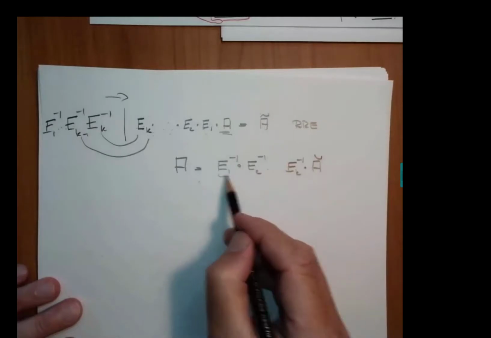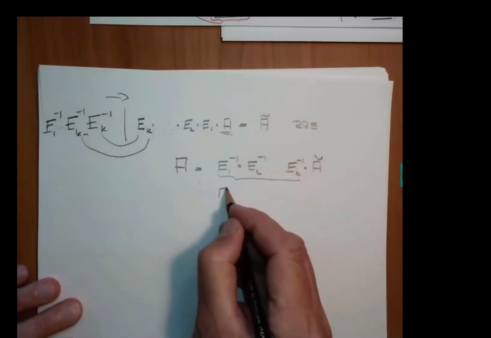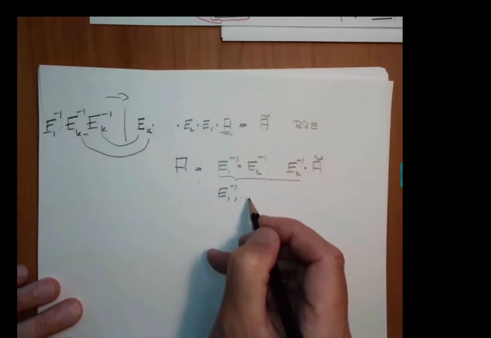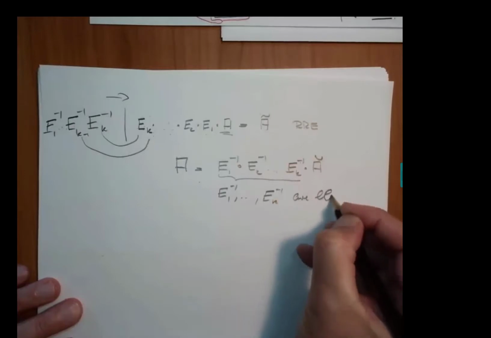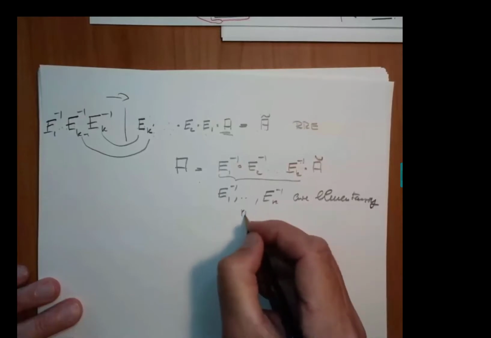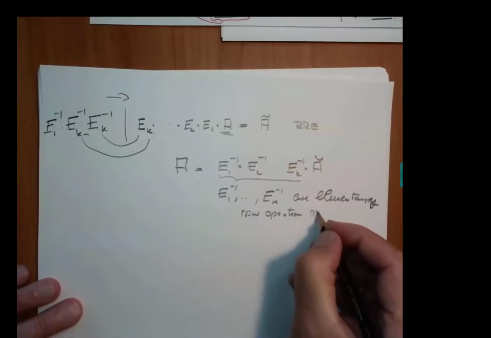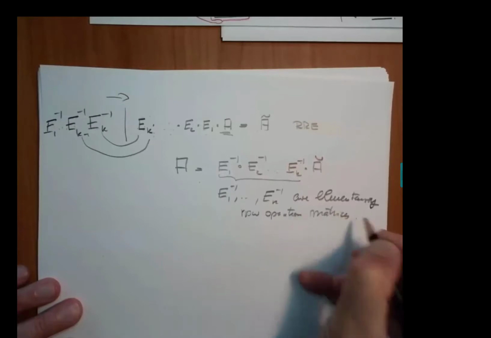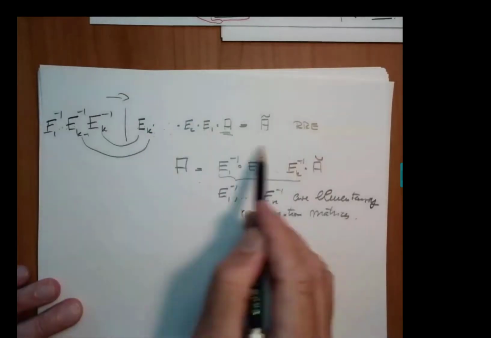And what did we learn? The inverse of an elementary row operation matrix is again an elementary row operation matrix. So E_1 inverse up to E_K inverse are elementary row operation matrices, and we know each of these is invertible.